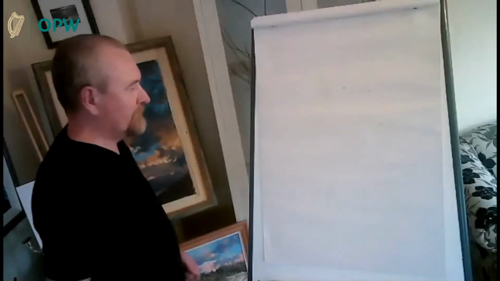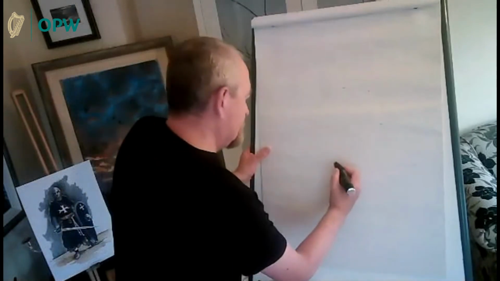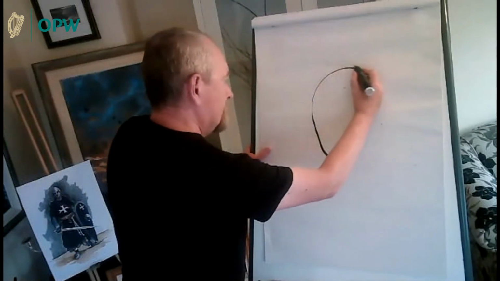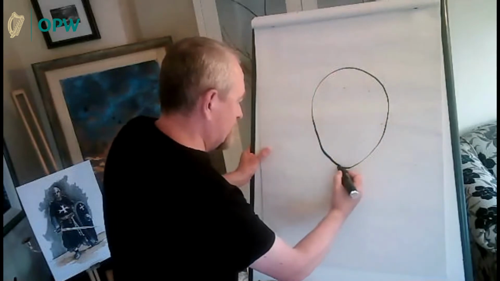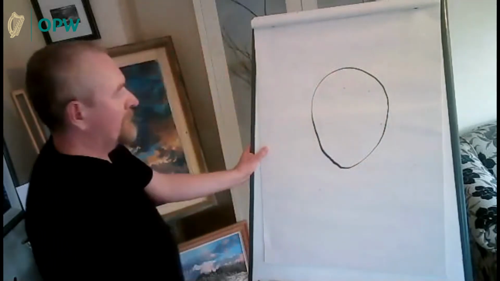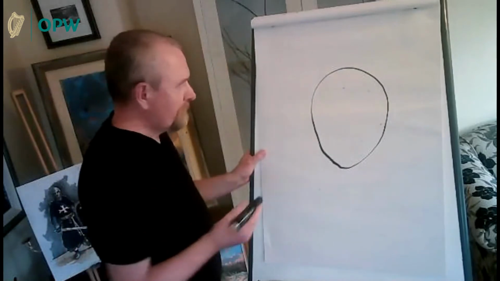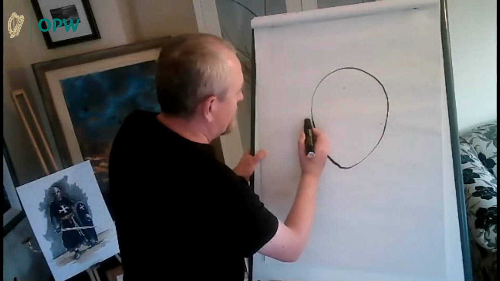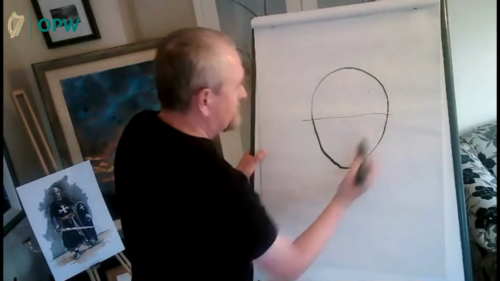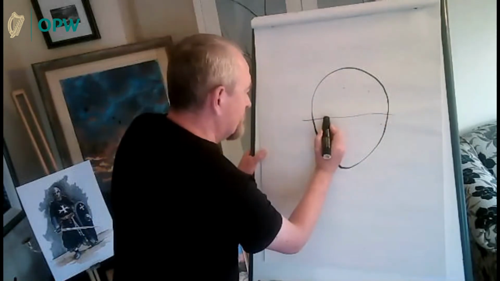we can go back to our egg shape. So we have our egg shape. Now, that is, of course, representing the skull. If you roughly do a line in the middle, that's where your eyes are going to be.